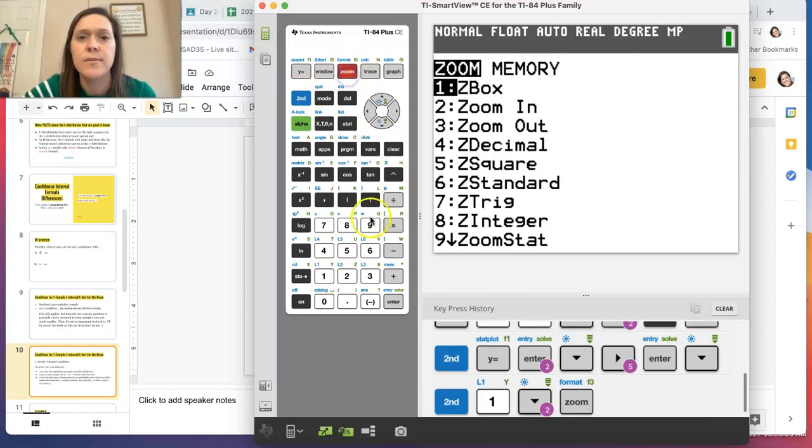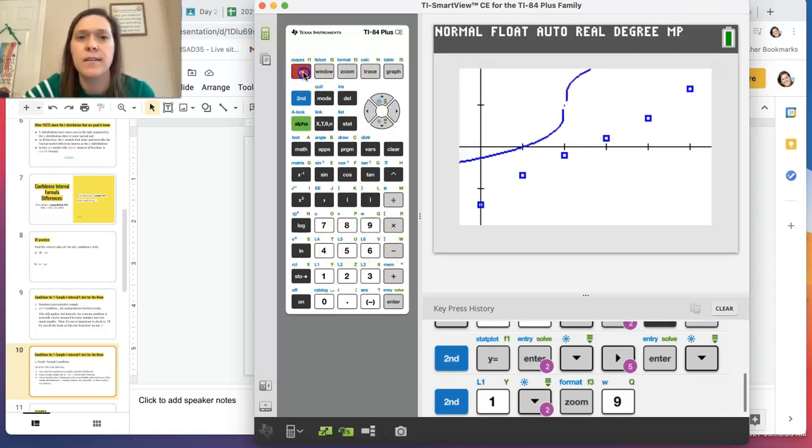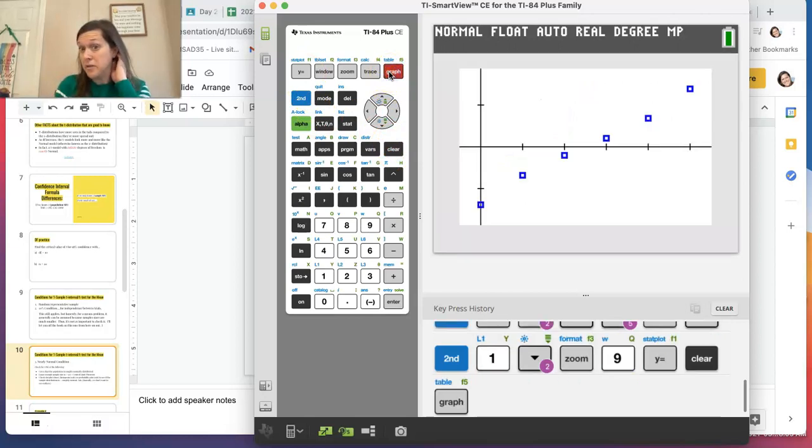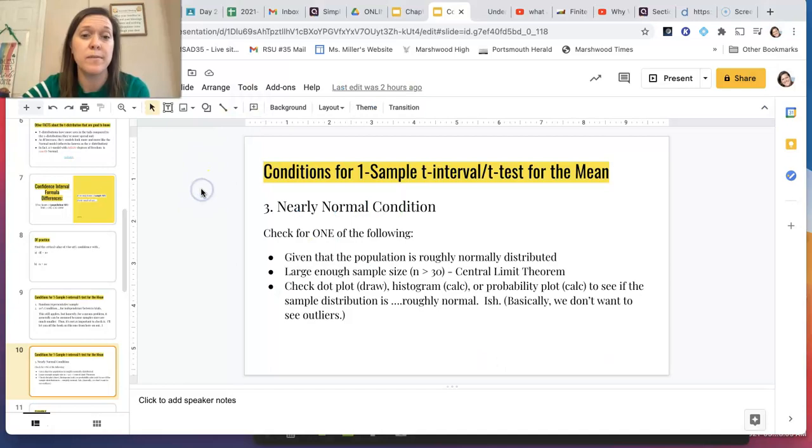And then do zoom 9. That looks pretty linear. It's very linear, huh? So I would recreate a quick sketch of that, and then I would say the probability plot is roughly linear, so the sampling distribution is roughly normal, right?